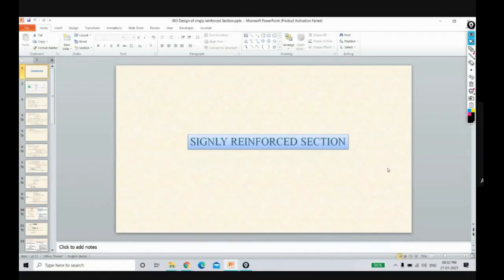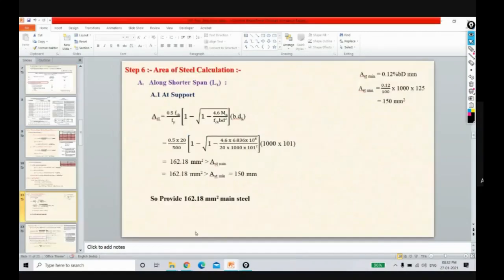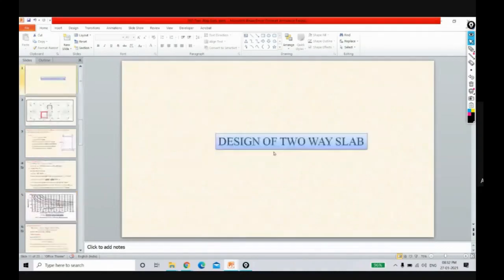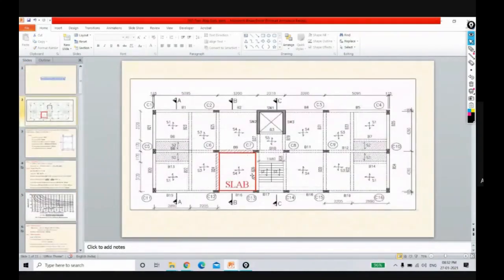Let's say I am focusing on a particular slab with so many cracks and deflection.